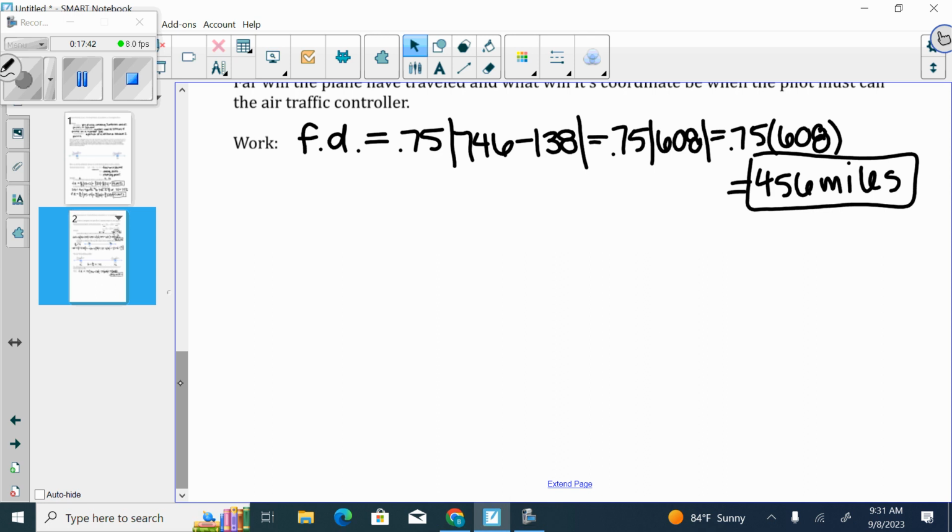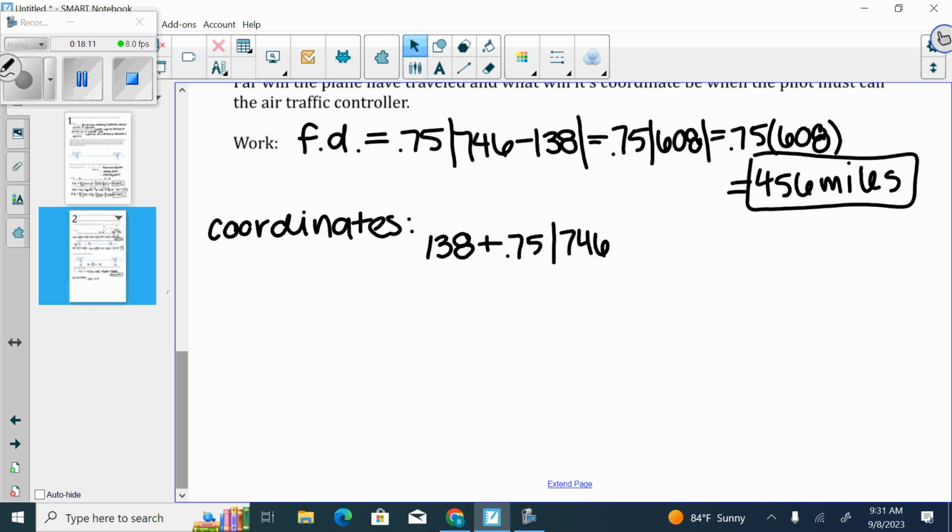Okay? All right, now I also am supposed to be finding the coordinate location. Okay, did we move left to right or right to left? Left to right. So we're going to be using the first formula, which is x1. So for us, that would be the 138 plus, and then we copy down the fractional distance, right? 0.75 times the absolute value of 746 minus 138.